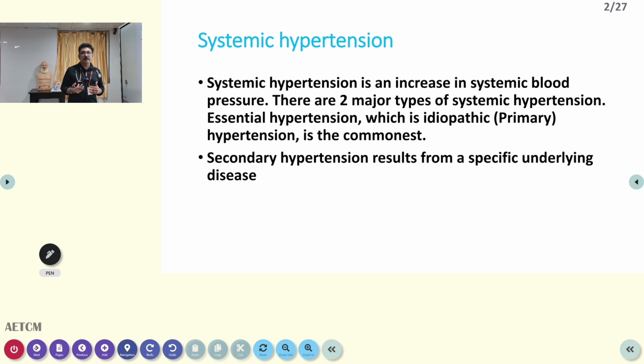Many endocrine organs can have dysfunction. For example, thyroid function test. If it is abnormal, for example if the patient has hypothyroidism, that produces hypertension with bradycardia. At the same time, hyperthyroidism can sometimes produce high BP with tachycardia.